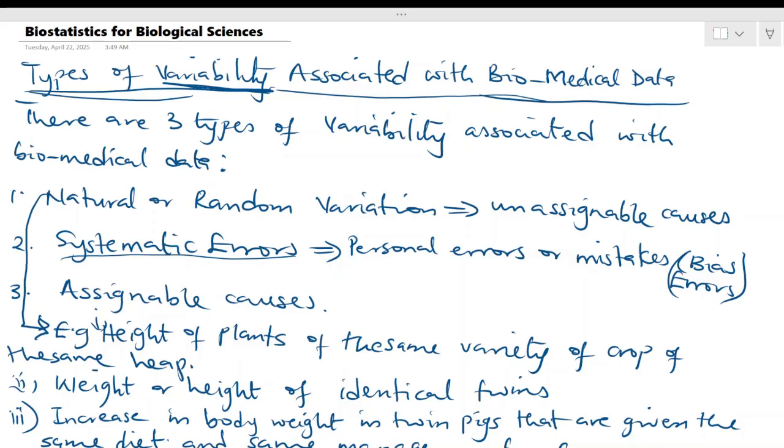Then we have assignable causes. These are variations in biomedical data that may be caused by known factors introduced in the experiment. So the keyword here is that this type of variation is caused by what?